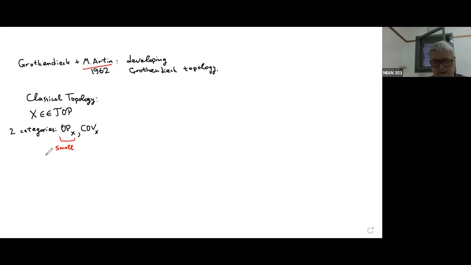Put a bit another way, the morphisms in this category of open sets of a topological space were just open inclusions, and maybe I should emphasize that it has the final object, the X itself.